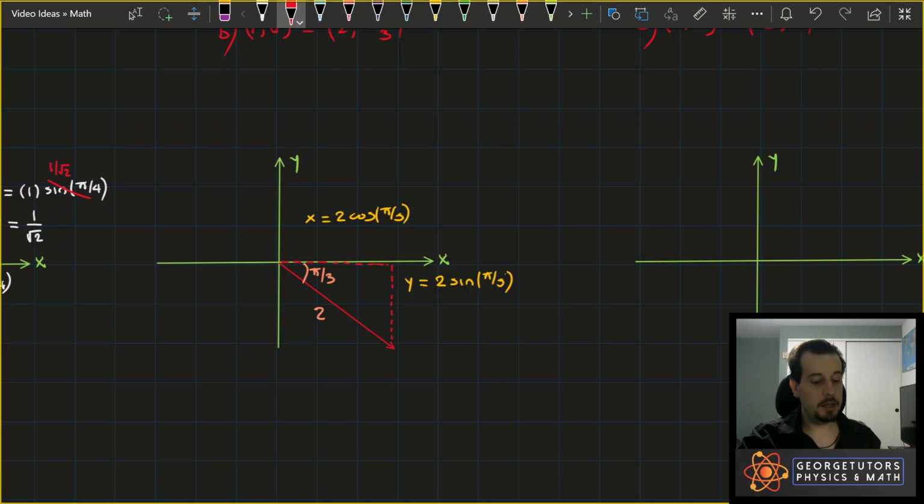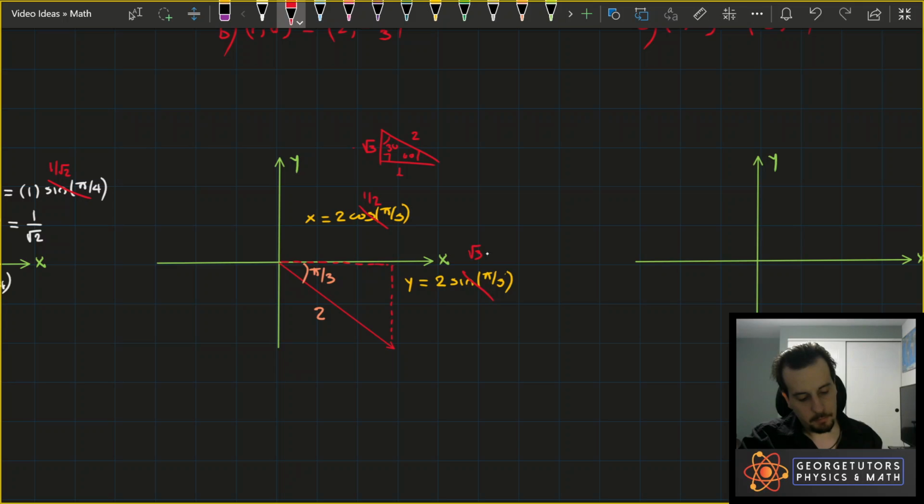Now pi over 3 is part of a special triangle, the 30, 60, 90. Against the 30 is 1, against the 60 is root 3, and the hypotenuse is 2. So this angle here is 60 right now. Cos of 60 is 1 over 2, and sine of 60 is root 3 over 2, as you can see over here.